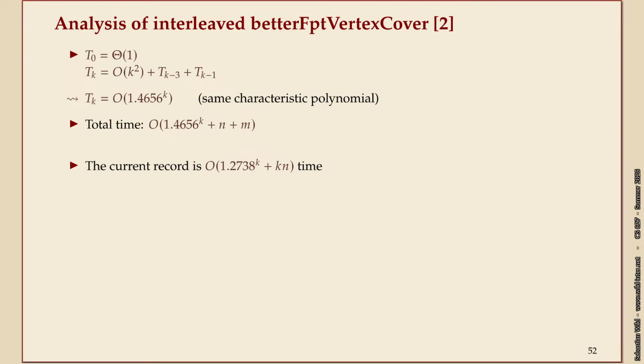The last bit I wanted to mention is that our better FPT vertex cover is not the end of the story so far. People have worked on this more and pushed the exponential growth a bit further down. They also have this plus here, so they're also using interleaving. And so far, this is the best result I could find. It's not clear how far you can push this. It's likely that there is some limit below which it seems there's arguments against pushing further, but I don't think this is reached yet.